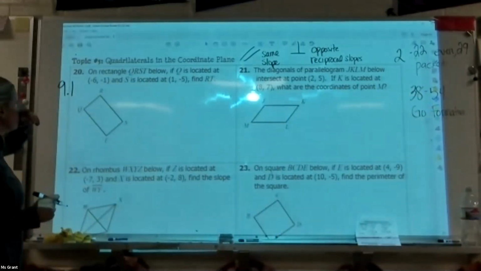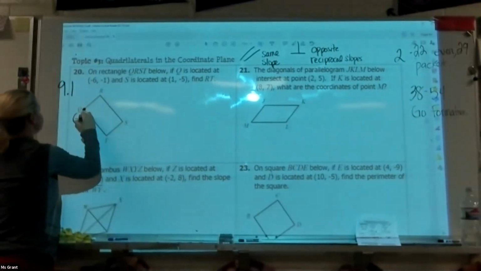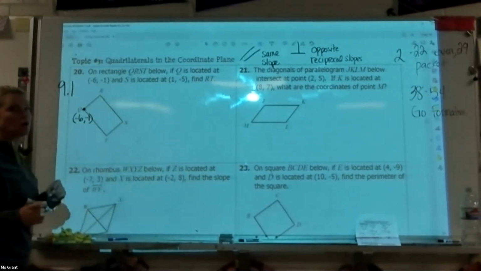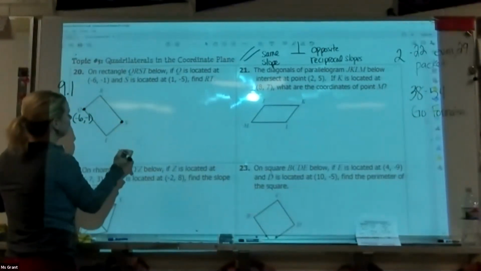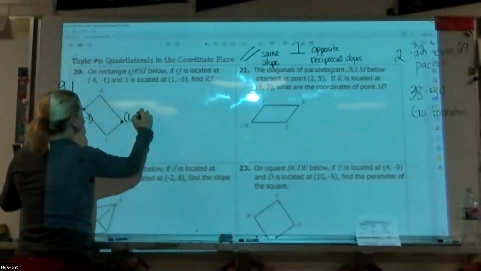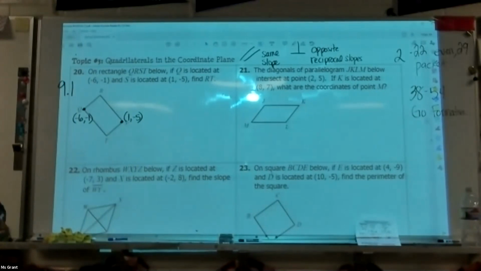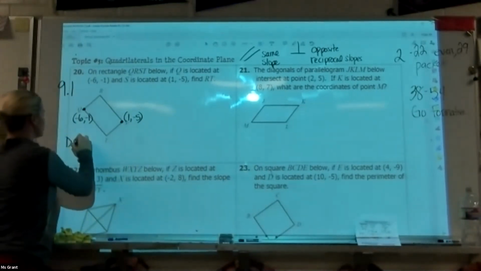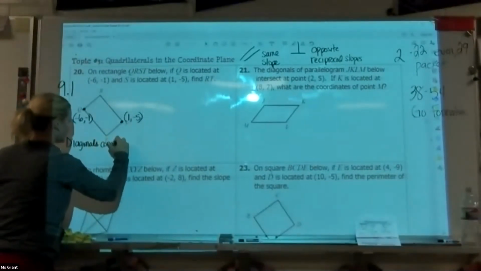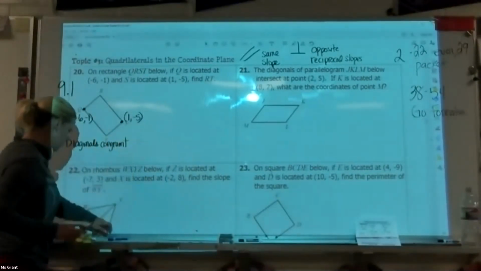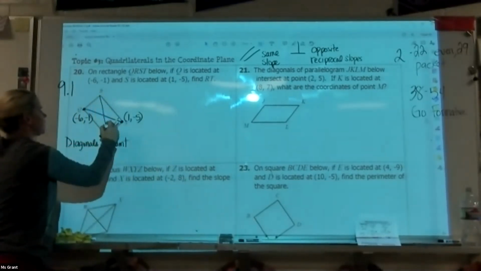So here we go. Q is located at -6, -1. So if I were to draw a coordinate plane, and S is located at 1, -5. Find RT. Well, remember on a rectangle, the diagonals are equal. Which means that the distance from here to here is equal to RT.